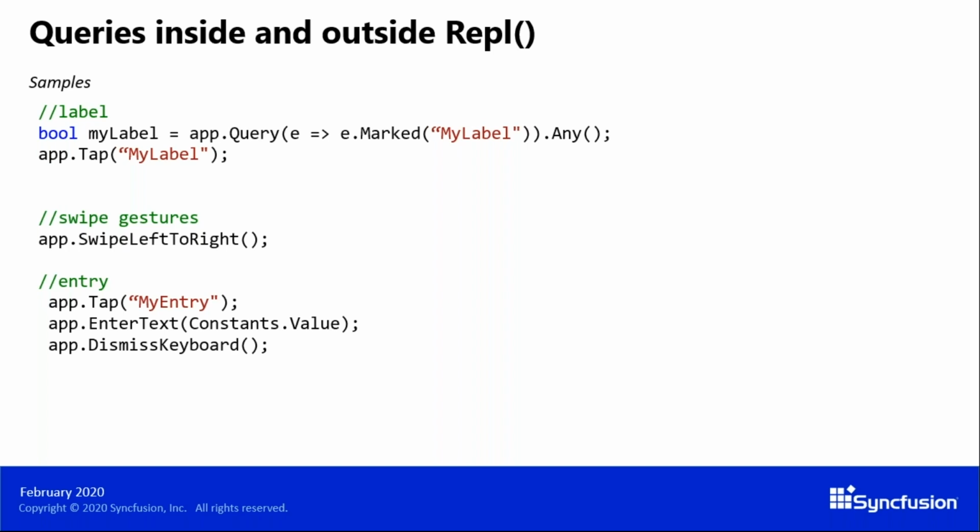So it's very important that before you start your UI test you assign an automation ID to every control you want to test. Also, you can have a lot of gestures that you want to emulate in your test. And also, as I will be showing to you very shortly, if you want to interact, for example, with an entry, it will be important to dismiss the keyboard if sometimes the operating system won't do that for you.